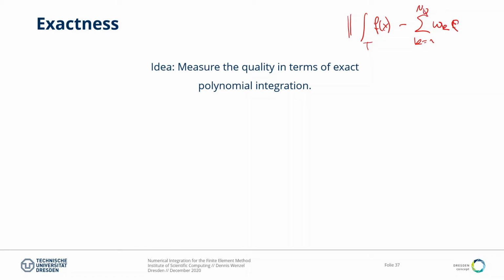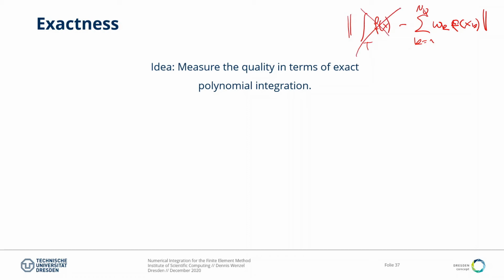This gives me the actual error, and that is a good way of, let's say, a posteriori measuring errors. If you already have your quadrature rules, and if you could actually compute the integral over f, this gives you a good way of measuring how well your quadrature rule has performed. But the initial problem is usually that you can't compute that.